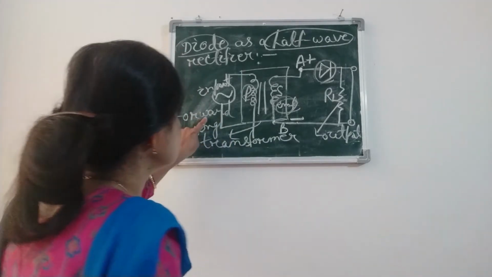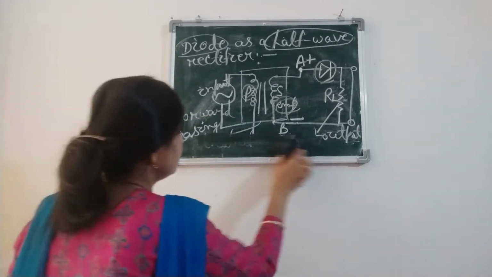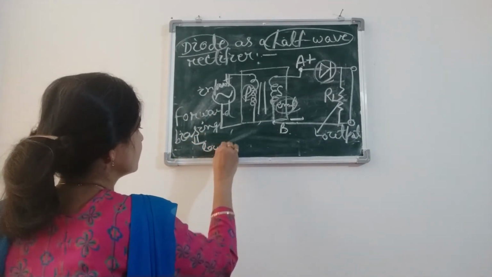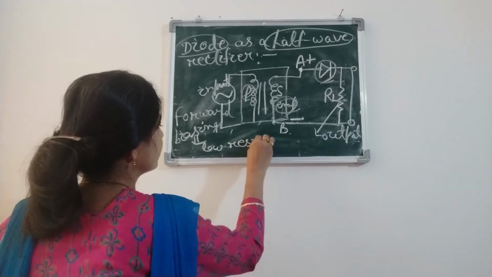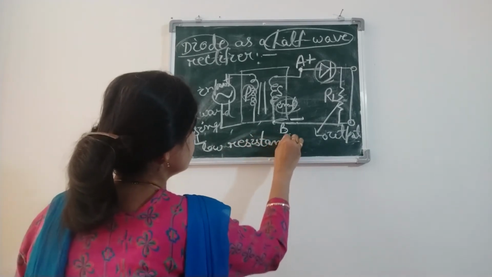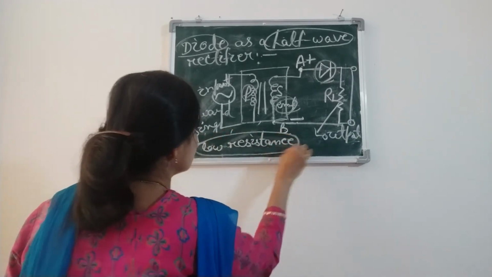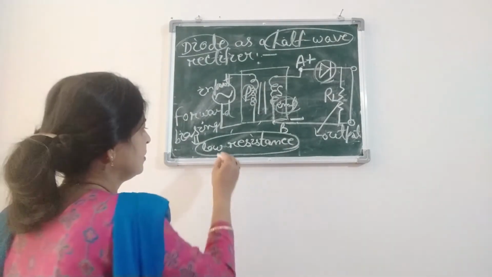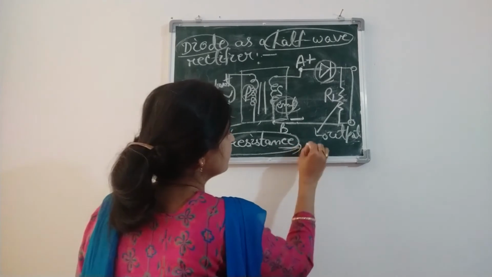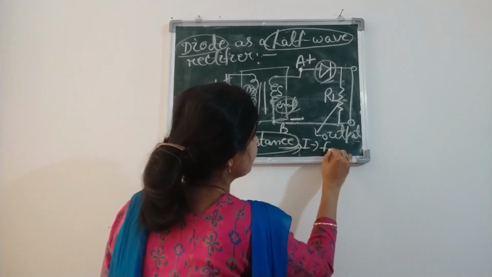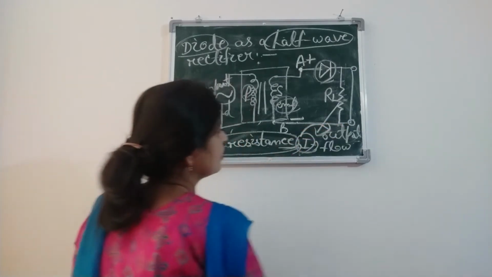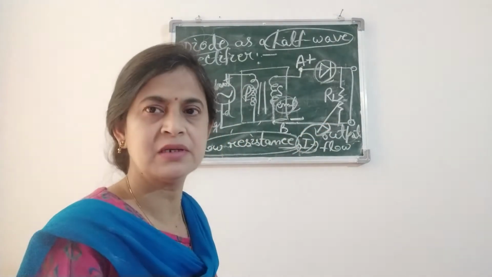Forward biasing means it will offer low resistance, which means during this time current will flow. Current will flow means output will be obtained.